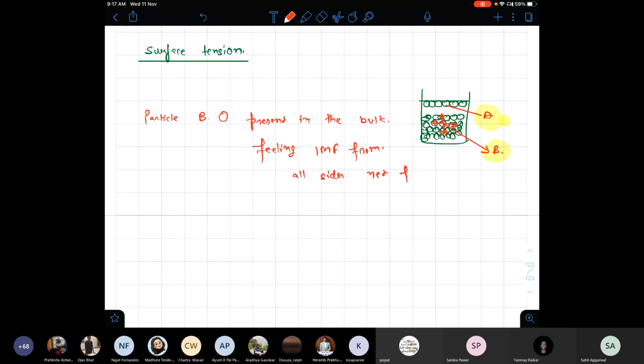Net force is zero. Right? Any doubt in this?